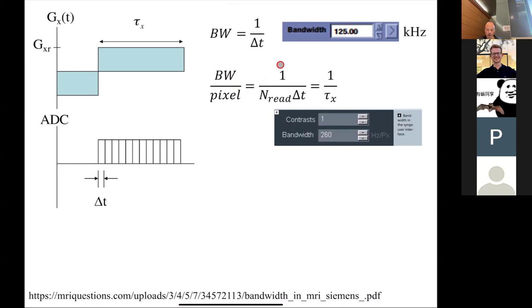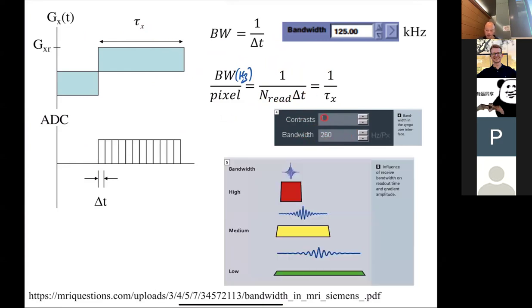So instead of 1 over delta t, it's 1 over the entire length of the readout gradient. So it's N read times delta t, which is equal to 1 over tau sub x. Here the bandwidth is in units of hertz per pixel.